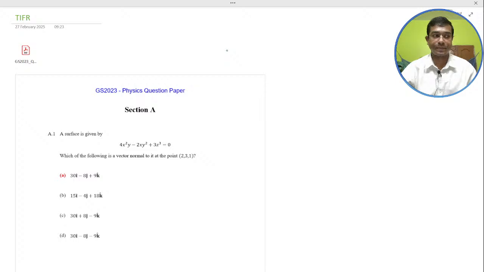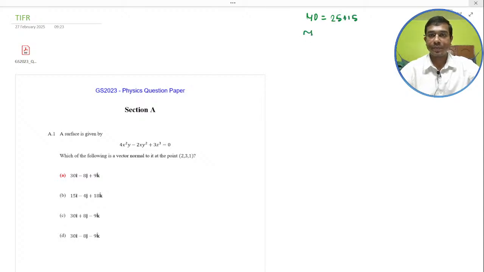So first of all, in TIFR, the total number of questions is 40, in two parts, section A and B, 25 plus 15.